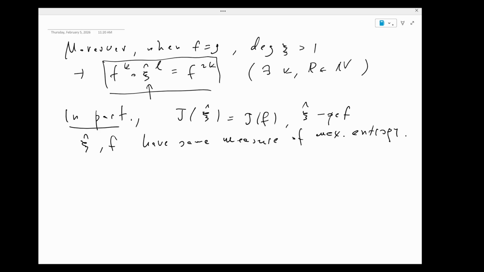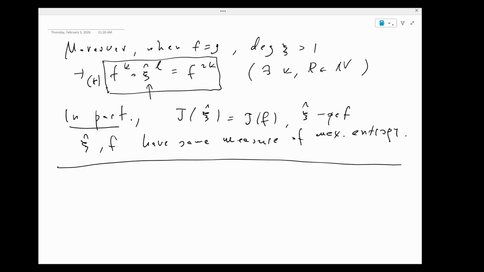Okay, so this is the main result that I will discuss. Before I proceed to giving some details of the proof, I would like to point out some things about this equation star.